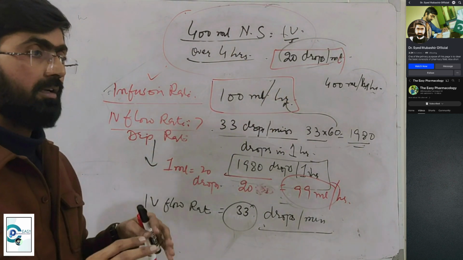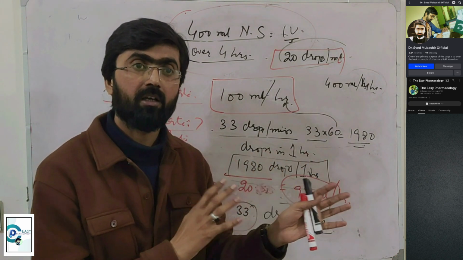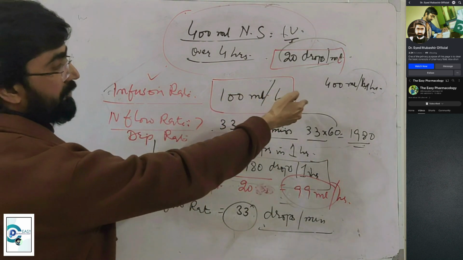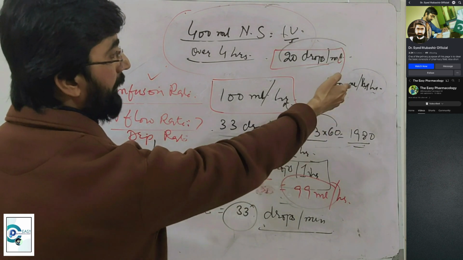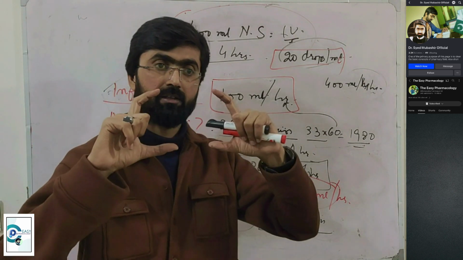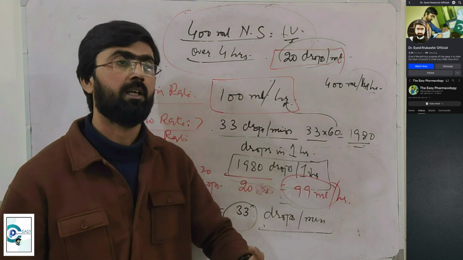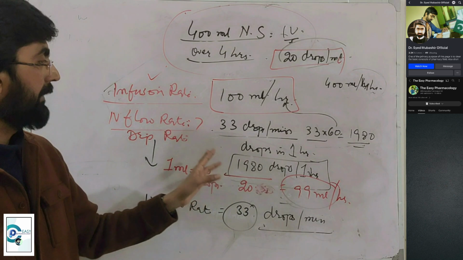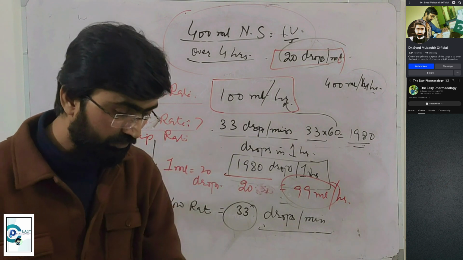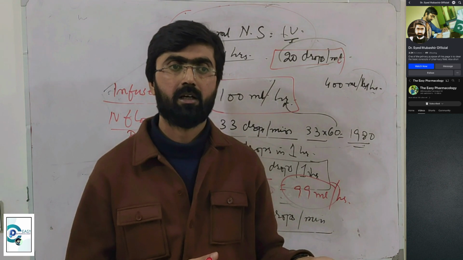Now if you are asked what should be the infusion rate, what should be the IV flow rate or drip rate, so you have the formula for infusion rate. टोटल क्वांटिटी को आप टोटल टाइम आवर से आप डिवाइड कर दें, आपको इन्फ्यूजन रेट मिल जाएगा. एंड ऑब्वियसली हमें ड्रिप फैक्टर और ड्रिप रेट हमें सेट करना होता है कि कितने ड्रॉप्स होने चाहिए 1 मिनट के अंदर. So you have the formula, but for this formula you should know the drop factor. So obviously you can see through the drip set, or you can ask the doctor what the drip factor or drop factor should be.